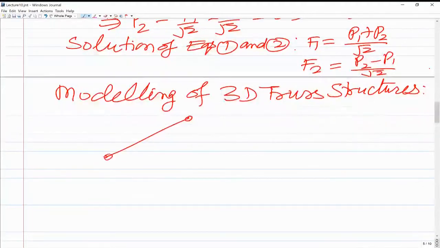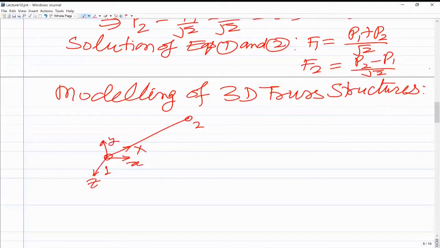Let us say that this is the element, this is the local node 1 of the element, and this is the local node 2 of the element. The local coordinate axis is along the length of the element, so that is capital X, but the global coordinate axes are, let us say, small x, y, and z.